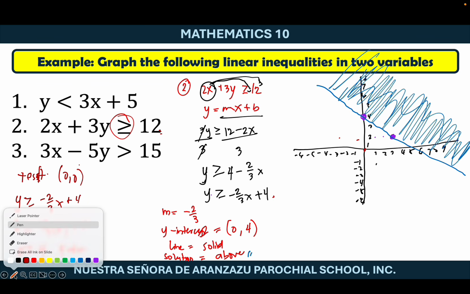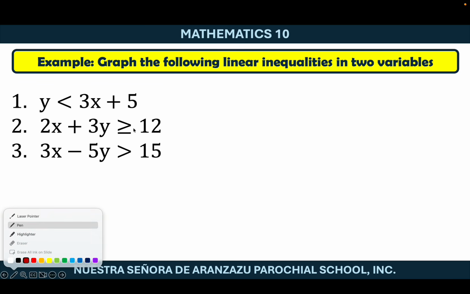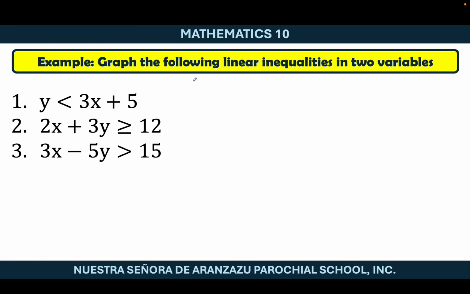Let's proceed with number 3. Our last example. Okay, number 3. 3x minus 5y greater than 15. So, ganun ulit. Gagawin natin siyang similar with the slope-intercept form.